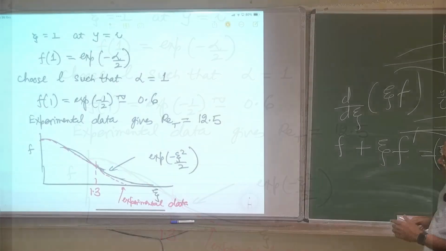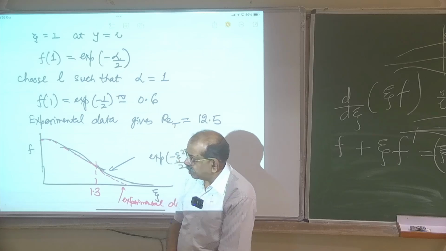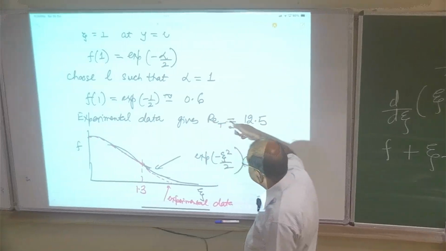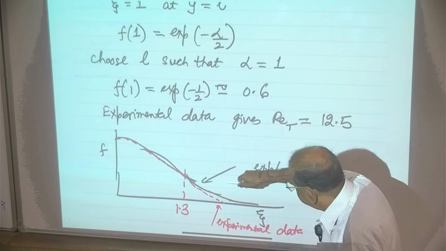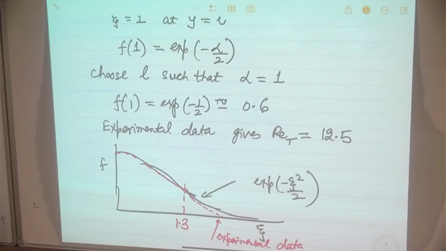What we observe is for zeta less than 1.3, the experimental data almost matches the theoretical curve. But beyond that, we find that f, the defect, is less than what is predicted by the theory.